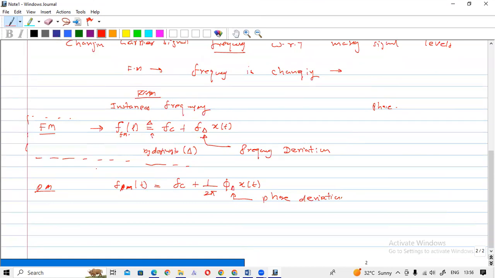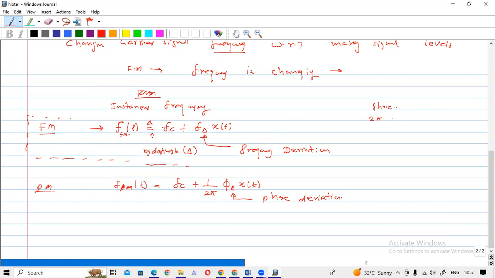By definition, the phase is changing. But in frequency modulation also, the phase is changing, due to the frequency change. So the instantaneous phase you can define as follows.